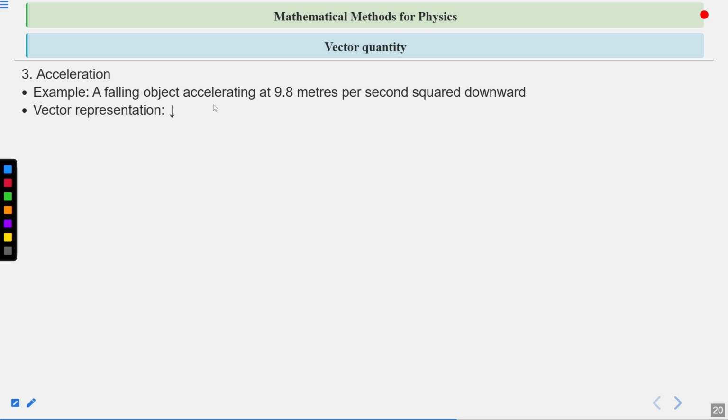Representation by vector, the arrow. Magnitude 9.8 meters per second squared. Direction is always vertically downward. Clear? The direction of acceleration due to gravity is always vertically downward.